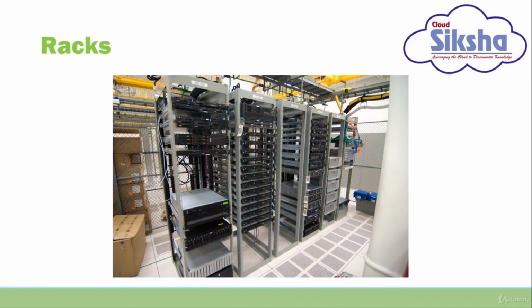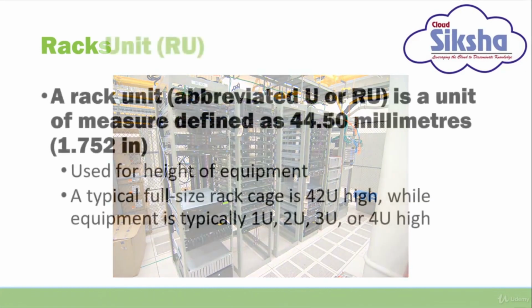There is something called a rack unit which is defined. This is a standard across the industry. So when somebody talks about racks or about the size of equipment, like the size of your servers, most of the time they will talk about rack units, generally abbreviated as U for unit, which is a short form of RU, and RU itself is a short form of rack unit.